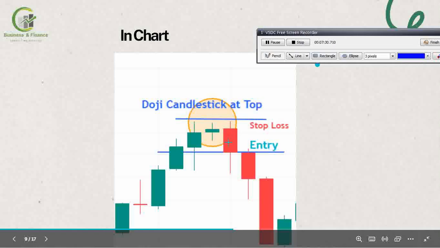The follow-up candle should close below the low of the doji, and then we have to wait for another, third confirmation, that the low or closing of that candle should be broken by the follow-up red candle. Then we can enter the trade and keep the stop loss 2 to 3 points above the doji, and we can ride the bearish trade.